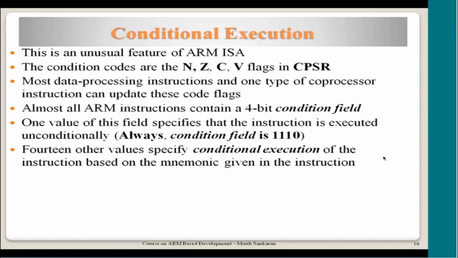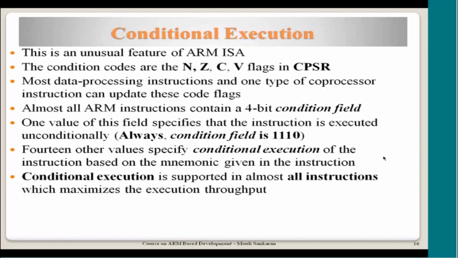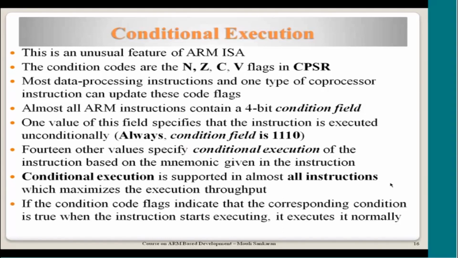The other 14 values of those conditional fields give you different conditions, which I showed you in the table. Conditional execution is supported in almost all instructions, which improves the throughput. I explained this in the previous slide. If the condition code flag indicates that the corresponding condition is true, then that instruction starts executing.